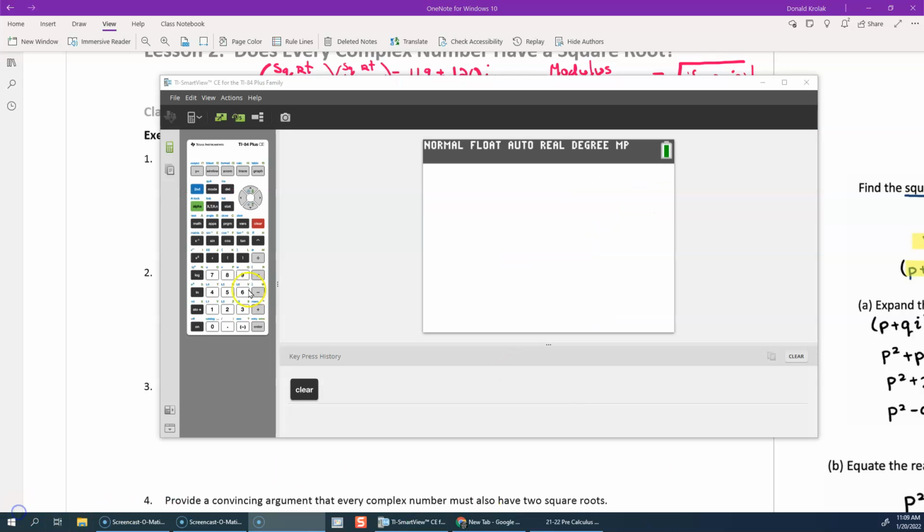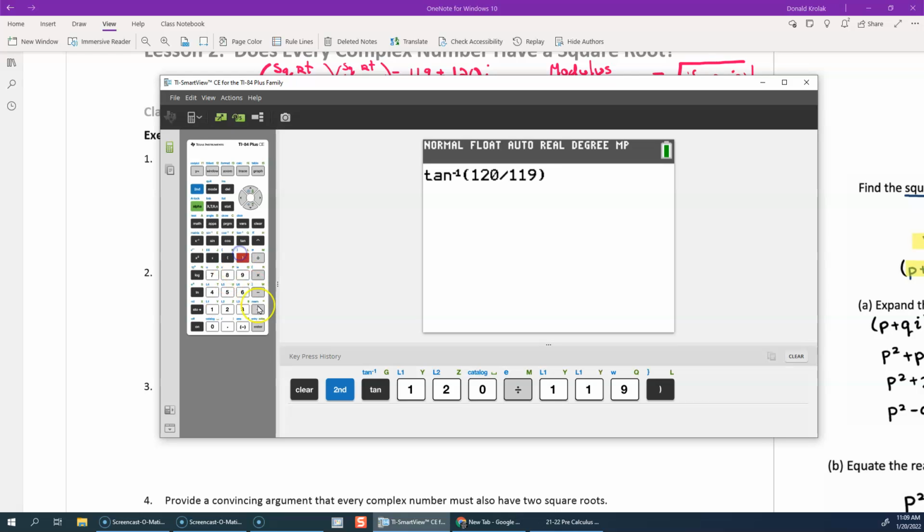Right? All right, so I'm going to do the inverse tangent, and it was 120 divided by 119, and that's the angle in degrees, roughly 45.24 degrees.